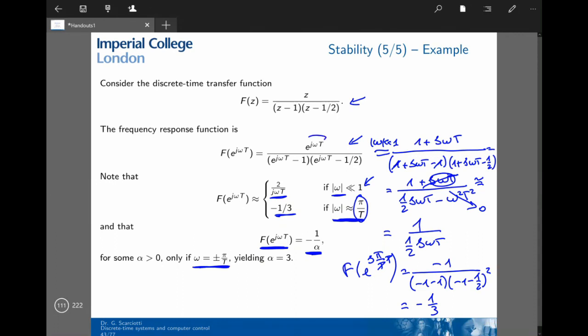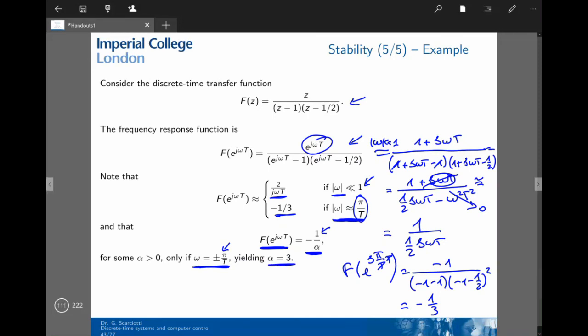This is true because we have this guy over here, and so the only possibility to actually get a 1 over here is that we have this condition here. And this is important because this means that we can have only the situation in which this number alpha is equal to 3 and we computed it.